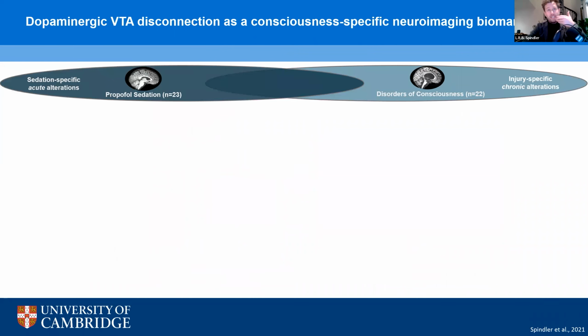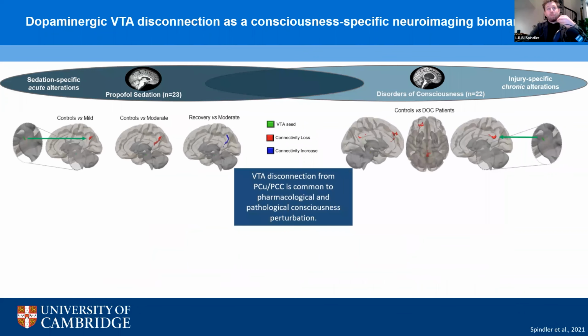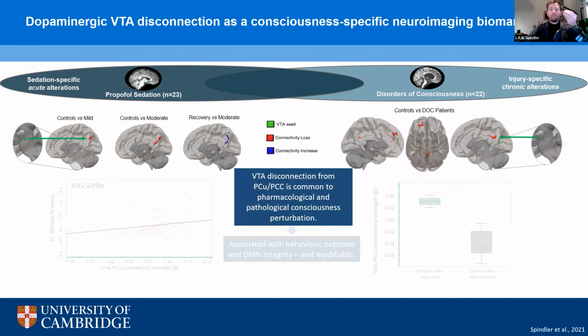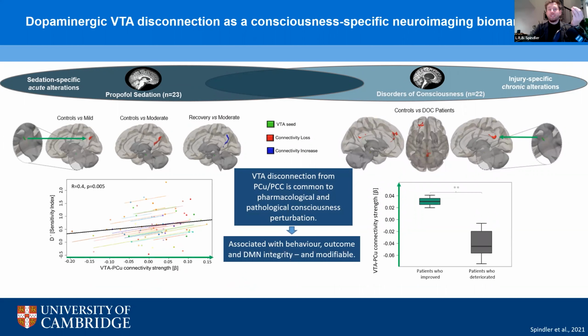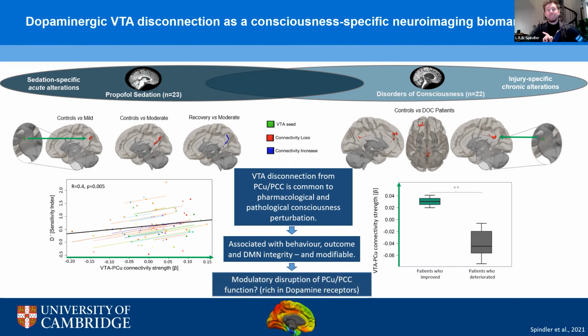And so just again, to recapitulate, by finding this parallel between sedation and disorders of consciousness, of in both cases observing a disconnection of the dopaminergic source nucleus from a posterior network node, which is in both cases associated with behavior, outcome, and default mode network integrity, and is modifiable by dopaminergic agonist.